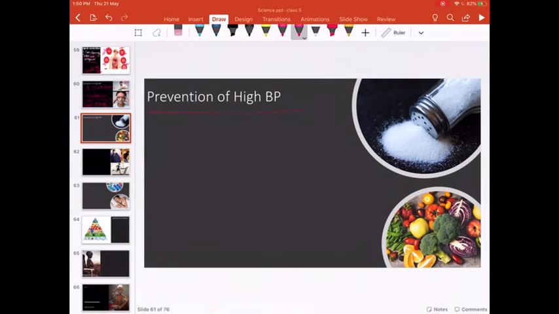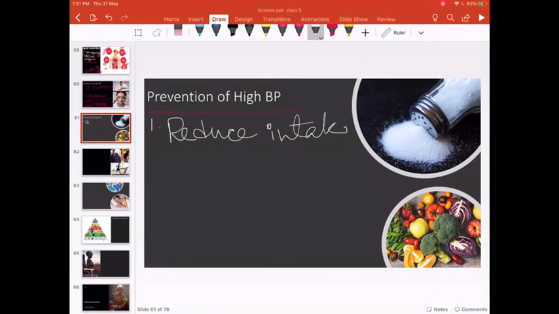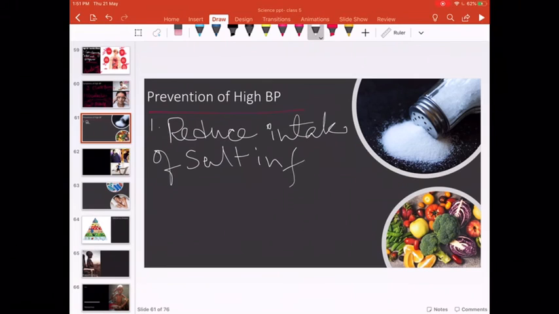How can you prevent? So we need to prevent high blood pressure. To prevent high blood pressure, you must reduce the amount of salt in your food. So this is one first and foremost point. Reduce intake of salt in food.